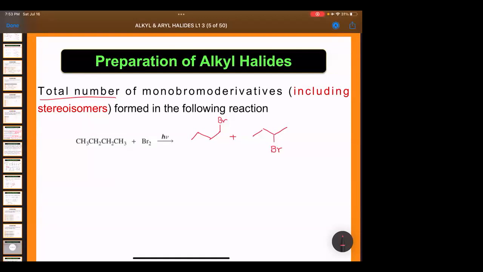So, for example, these two are not stereoisomers; these are structural isomers, and among structural they are positional. As you can see over here, the bromine is connected to carbon one or two, and the sequence of bonds is also changing.